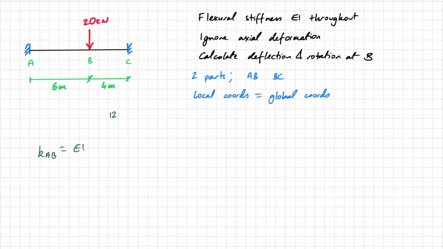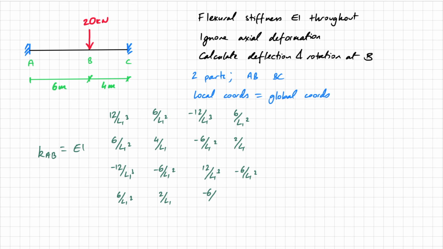So 12 over L1 cubed, then we have 6 over L1 squared, minus 12 over L1 cubed, 6 over L1 squared, and so on. With L1 being 6 meters.